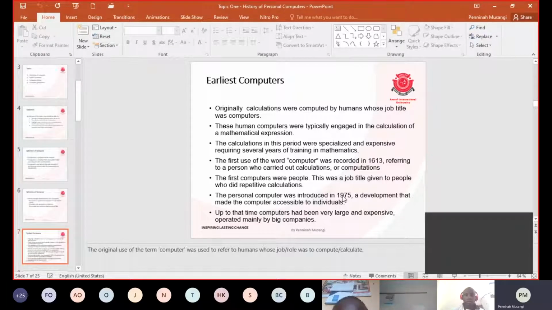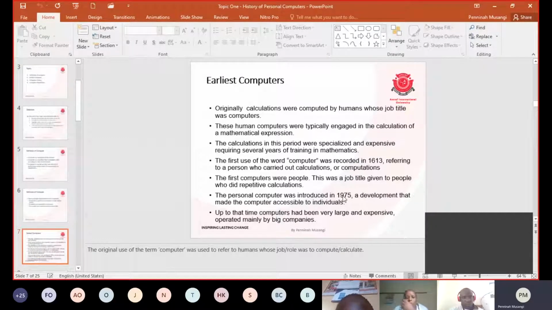For you to qualify to become a computer, which was a job title, it required a period of specialized and expensive training in mathematics. When you qualified from that training, your work was to compute or calculate, and your job title was computer.